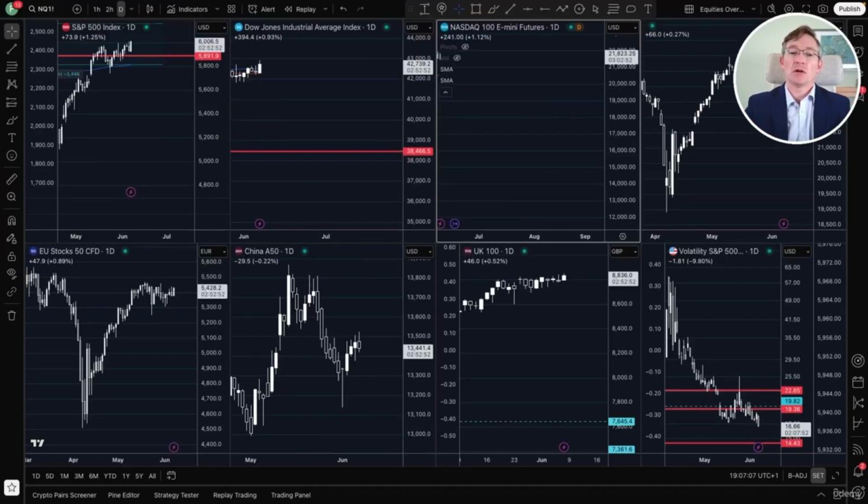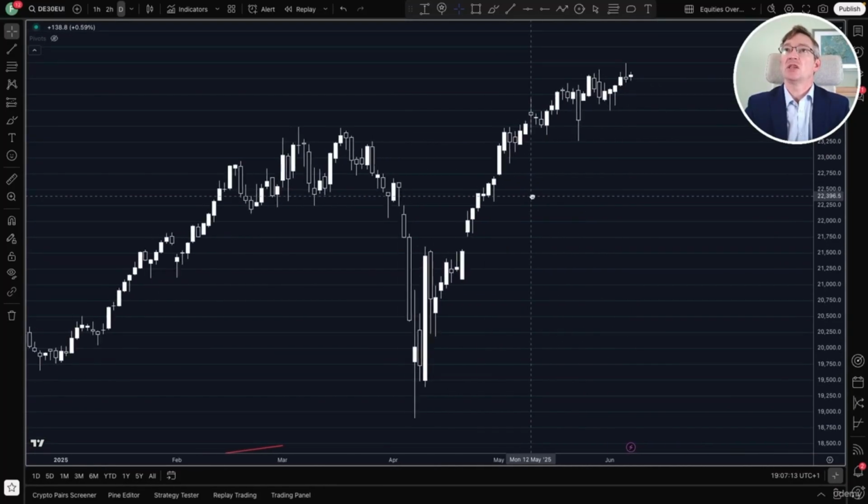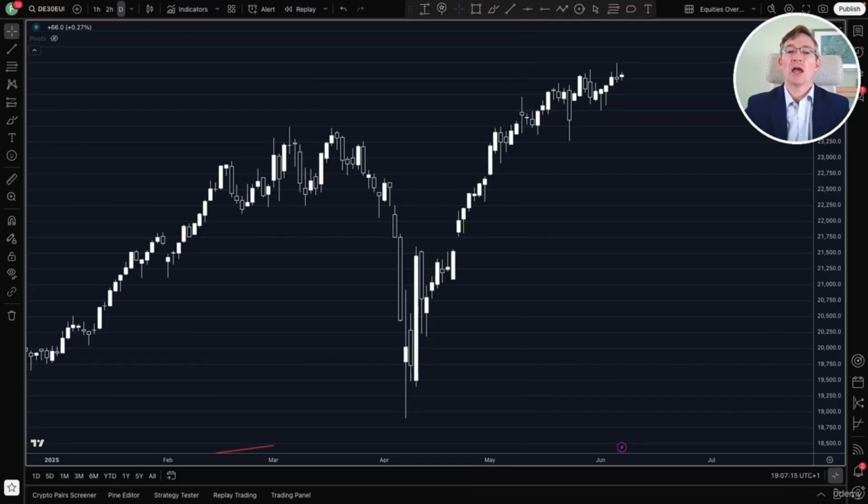Now, global indices can also reflect regional health. So if you take a look at the DAX, that's the 30 leading companies out of Germany. It tracks major industrial export heavy firms. Germany is the powerhouse of Europe. When it's rising, it's suggesting that there's strength in Europe's manufacturing and global trade.